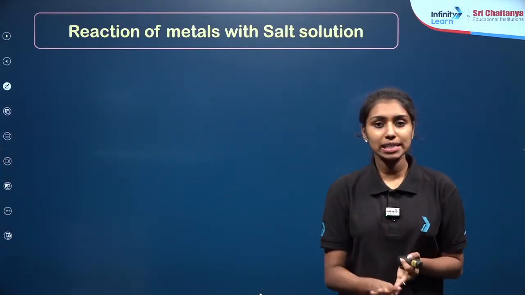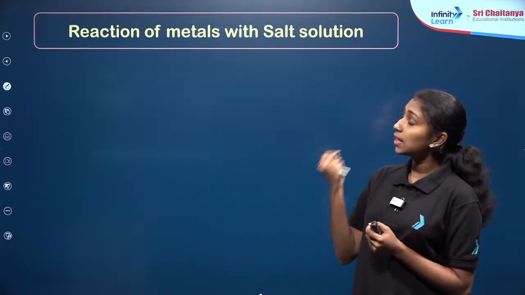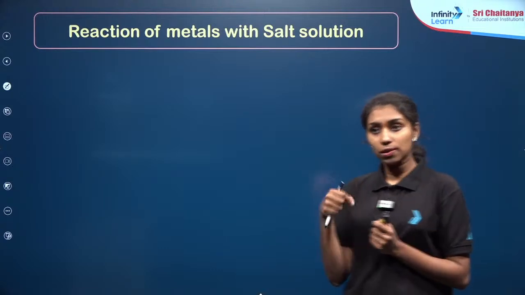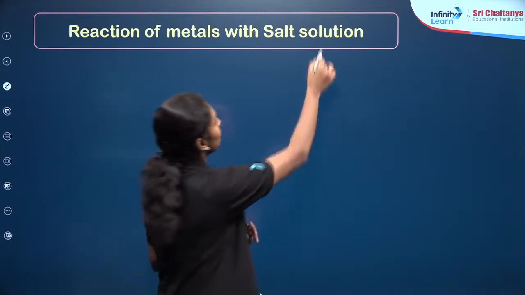So far we have discussed the reaction of metals and non-metals with the acids. Now we are going to discuss the reaction of metals with the salt solution. Here we are focusing on the displacement reaction.